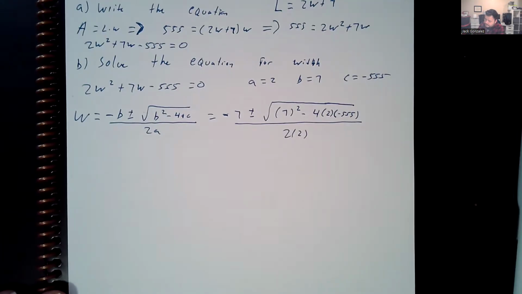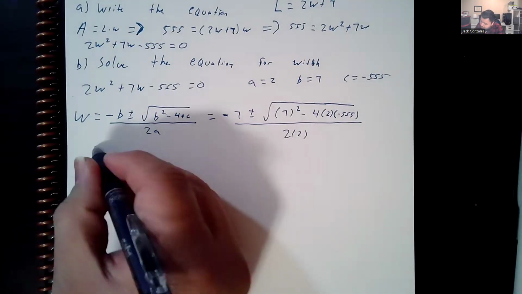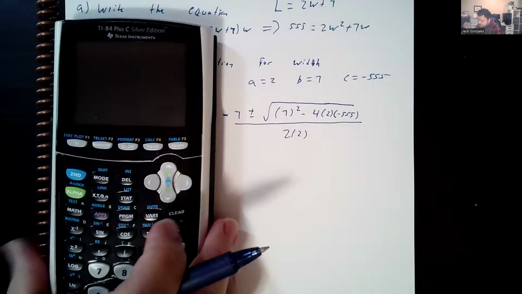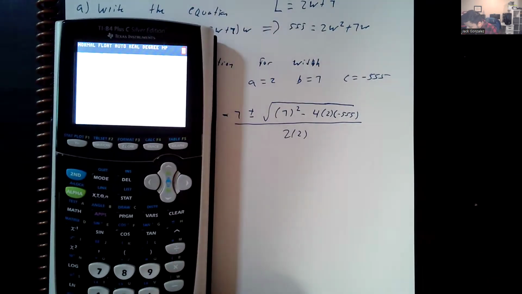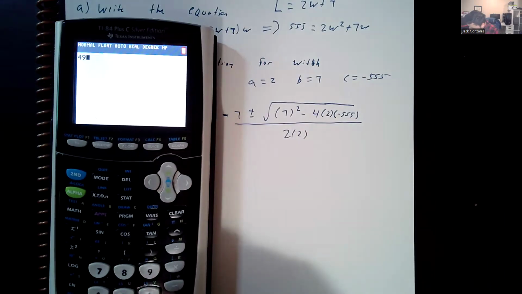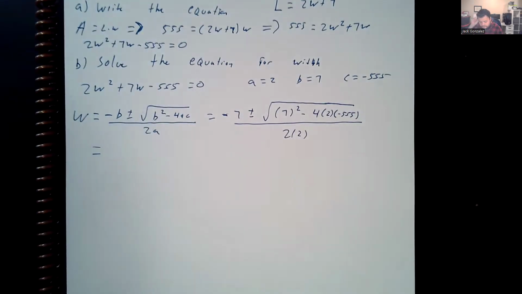At this point, just use your calculator. 49 minus 4 times 2 times negative 555 gives 4489.